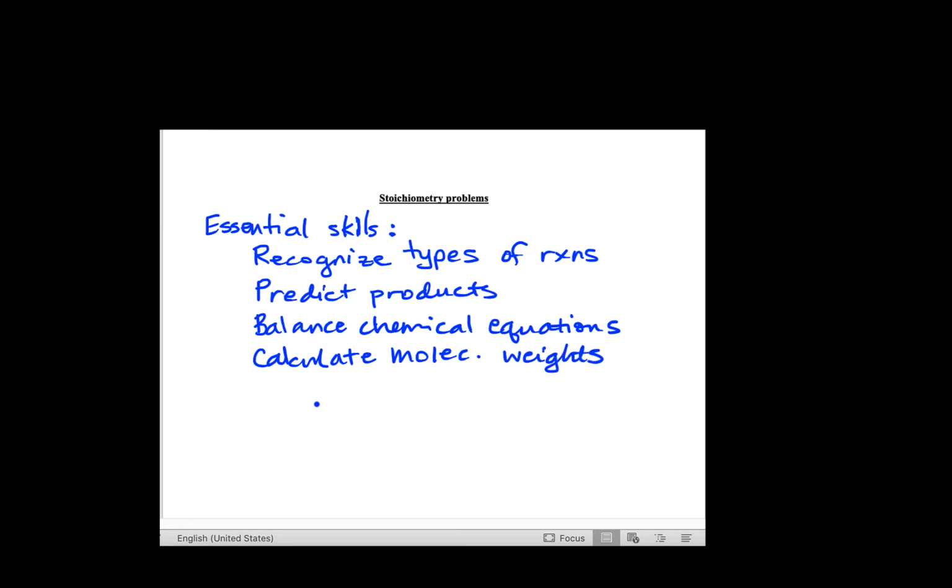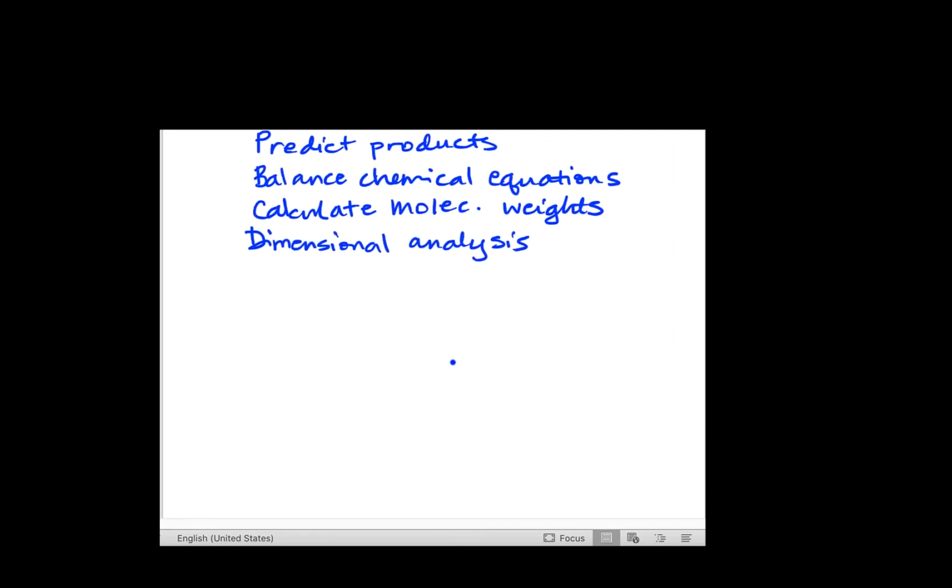And you need to be able to do dimensional analysis, which is converting units of one thing into units of another. All of these are essential skills before you can approach a stoichiometry problem.